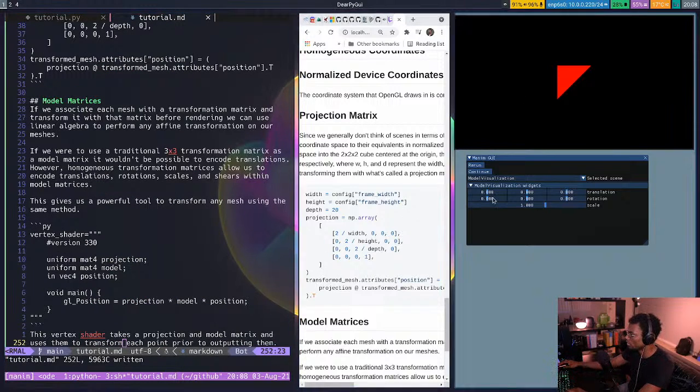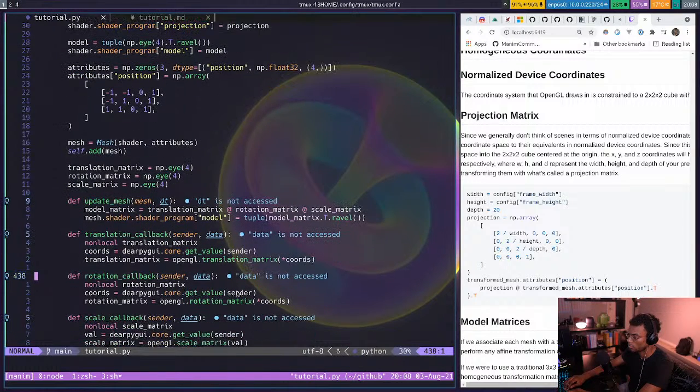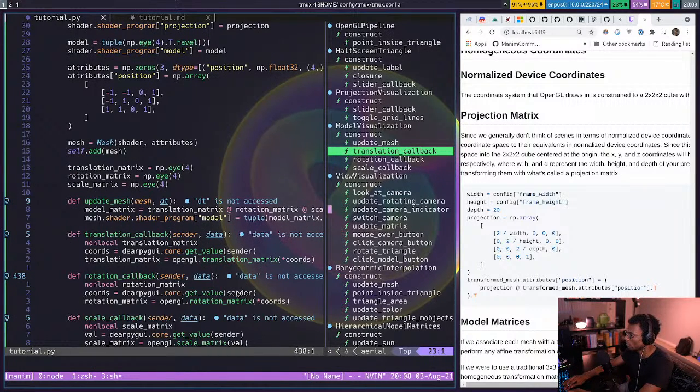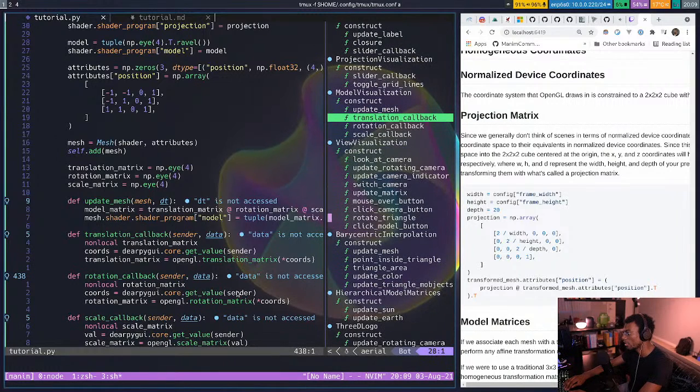So what's after that? After that, I go straight to the view visualization, which I think is okay. At the view visualization, that's probably when I want to talk more about attributes, varyings, and things like that. Or actually, right after the barycentric interpolation, then I think I could redo the view visualization with a colored rectangle.